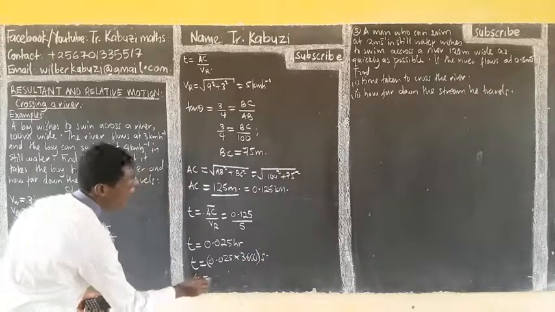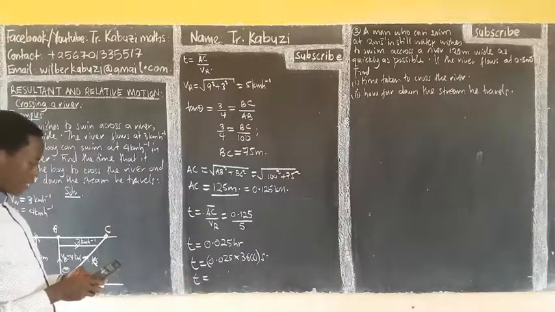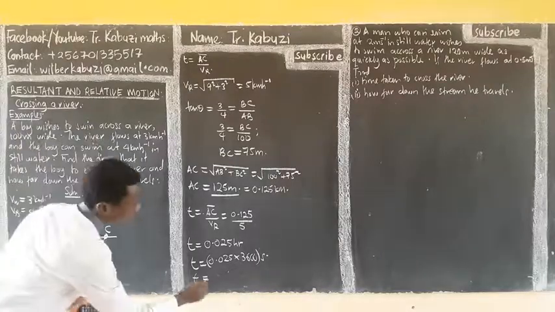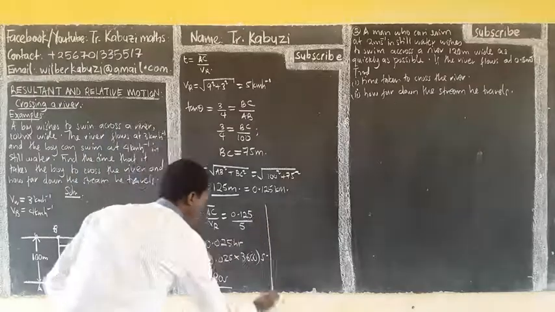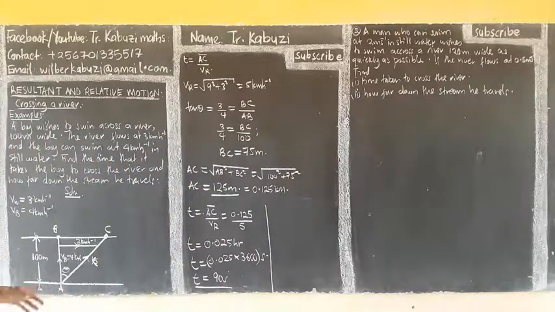So from here, my time is going to be 90 seconds. Okay, after getting that, the distance downstream, how far it goes downstream, is the distance BC.